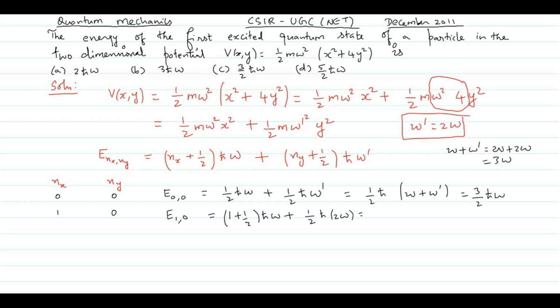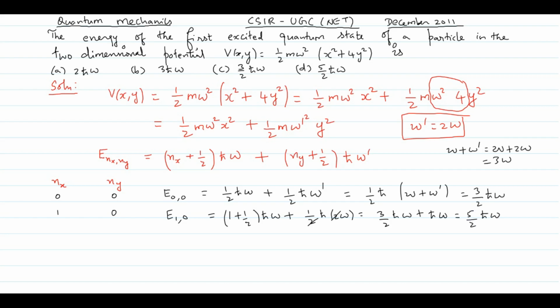So we will get 3 by 2 h cross omega plus h cross omega, simply 5 by 2 h cross omega.